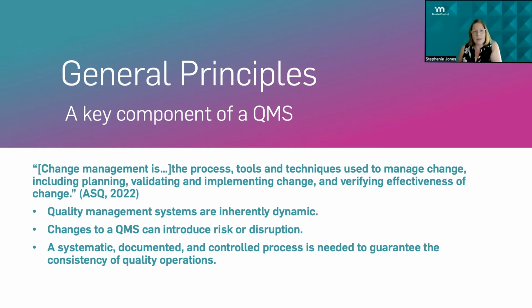And those are things that we need to work on managing. And lastly, you need to have a systematic, documented control process that you consistently use so that you can defend yourself whenever you're in an inspection. These are things you all know as life sciences manufacturers.